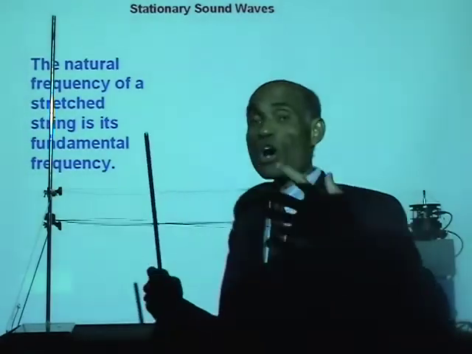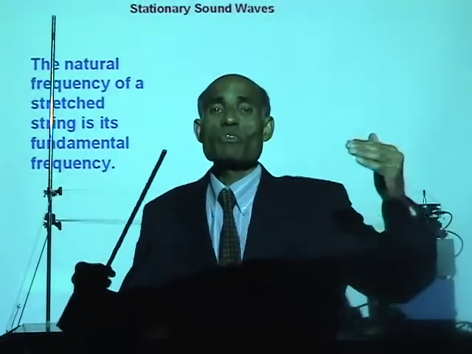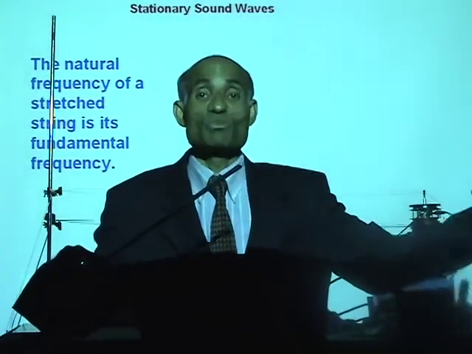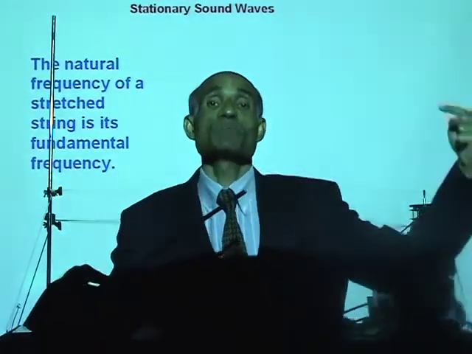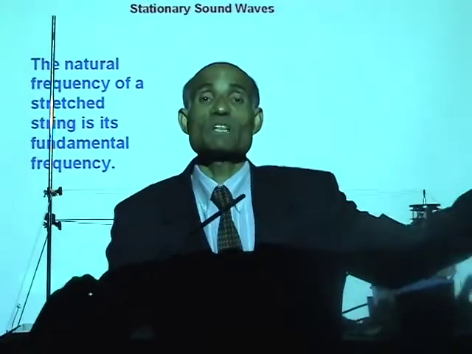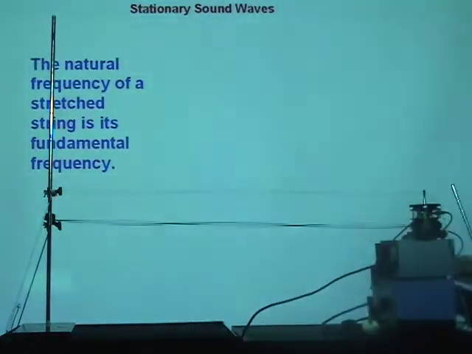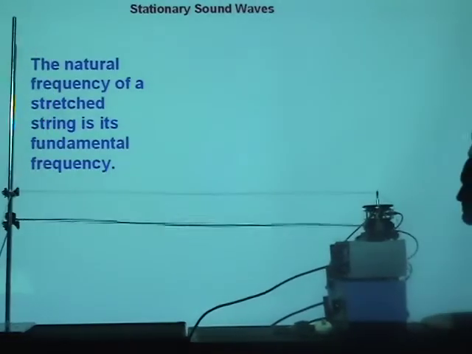So the string not only resonates with the frequency equal to the frequency of its fundamental, it will resonate with the frequency of twice the fundamental, 3 times the fundamental, and so on. Okay, let's move it aside. Alright, that is a good resonance there. Let me take that away.